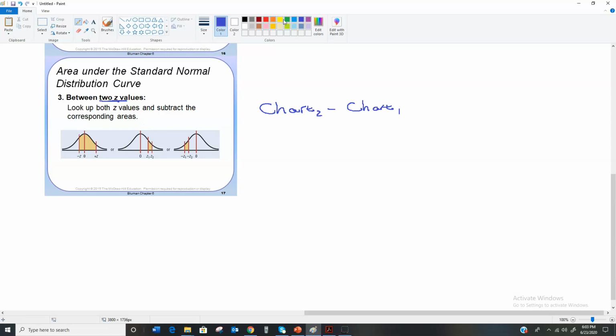Why does that work? Well, let's see if I can get cool with the colors here. Let's say that the first chart value is this one right here. Call this chart value 2, our Z sub 2. The chart's going to tell you that from there downward is a certain value. So again, let's use some nice numbers. Let's say the chart value for Z2 is 0.7.